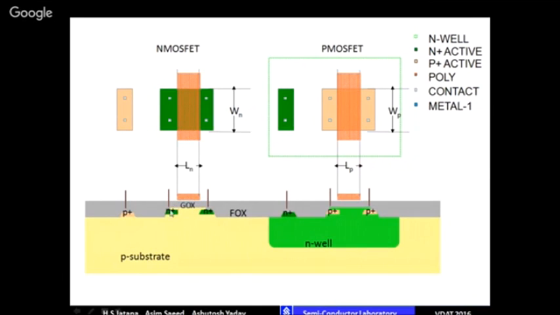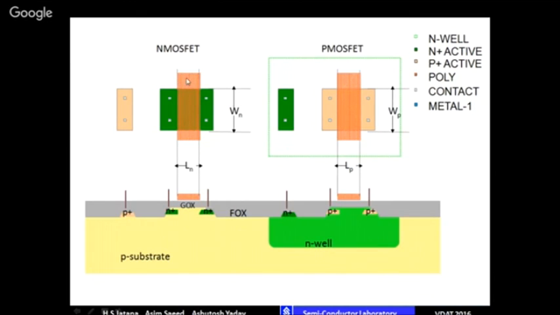In this area there will be an active region, the whole thing, the greenish one, and then this active region will be cut by this reddish poly line. Then it will become a transistor, and then you do the implants on both sides, and then you take these contacts. So you are taking contact for source and drain here, here, here, and as I told you, this poly is going on the field region also.